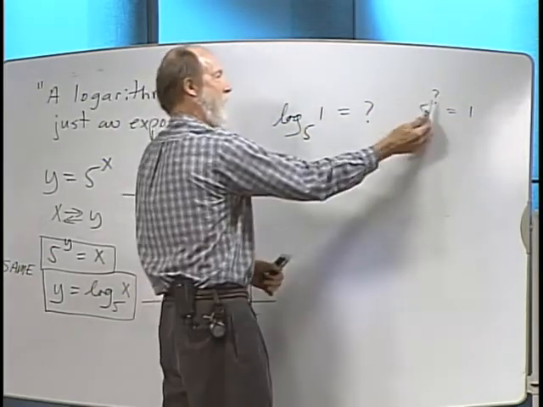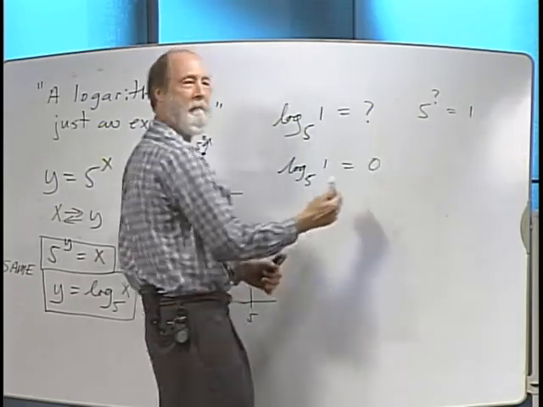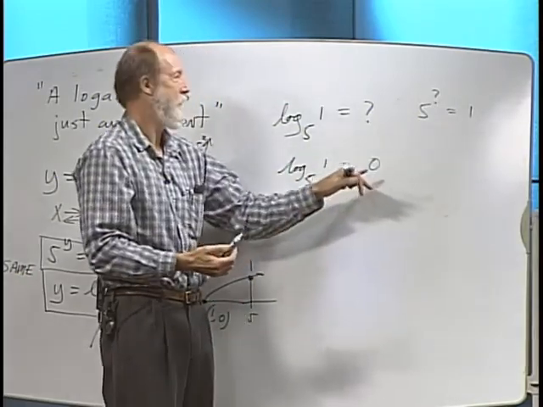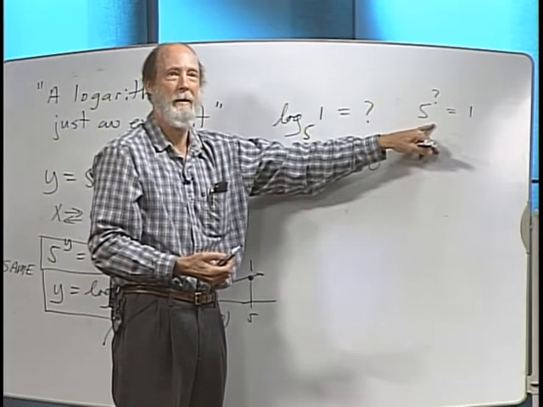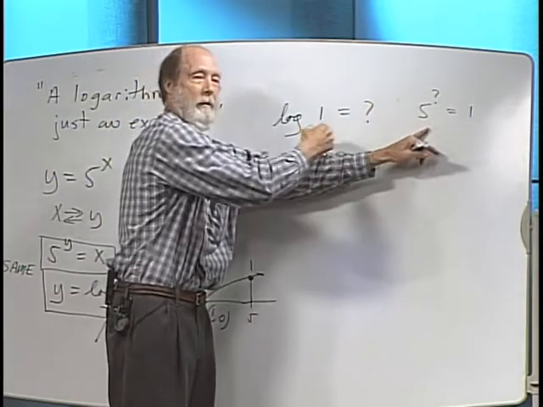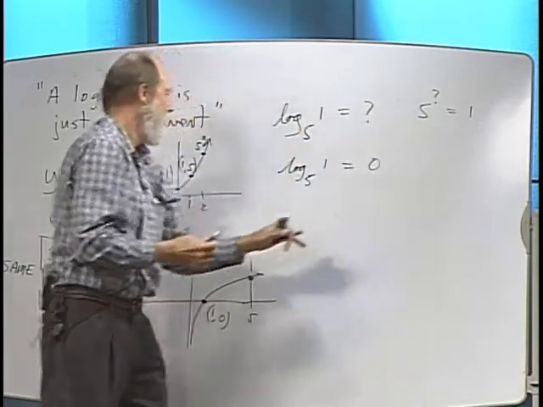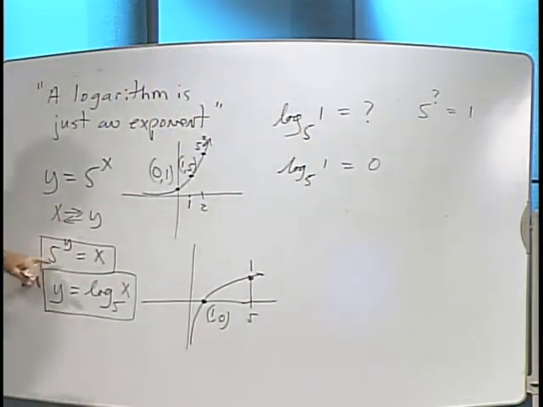And Jennifer answered that, has to be a 0. This statement and this statement are identical. These two statements are identical. And that's the same thing that is being stated over here in general. 5 to the y equals x, or y equals log base 5 of x.